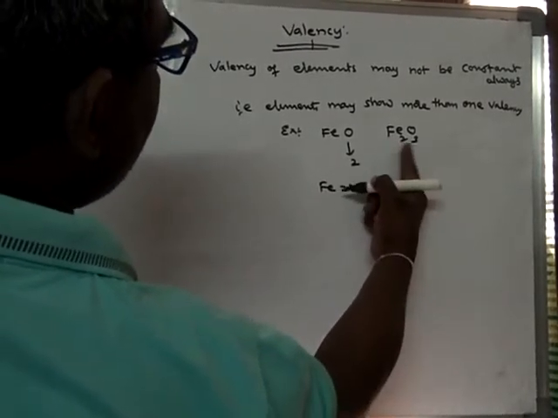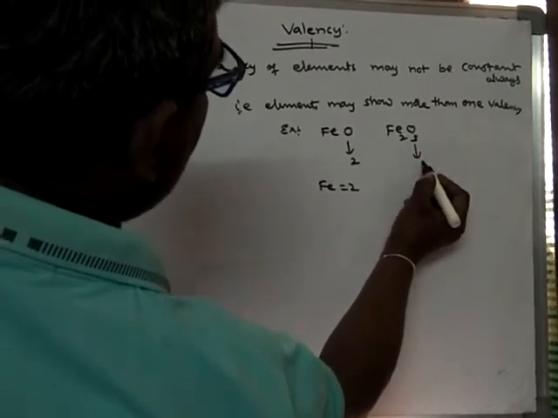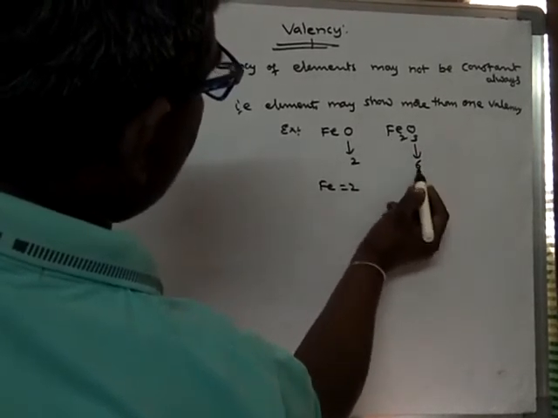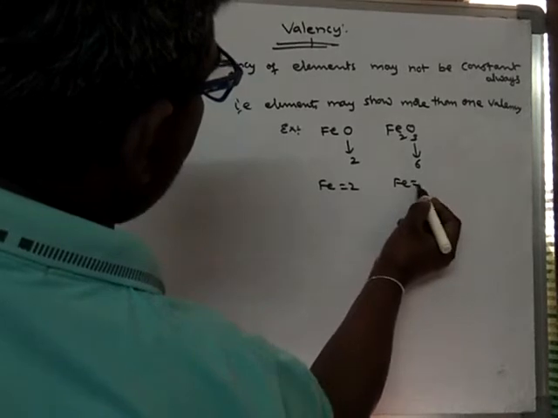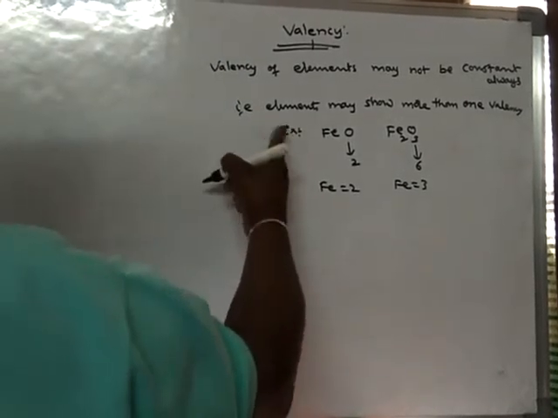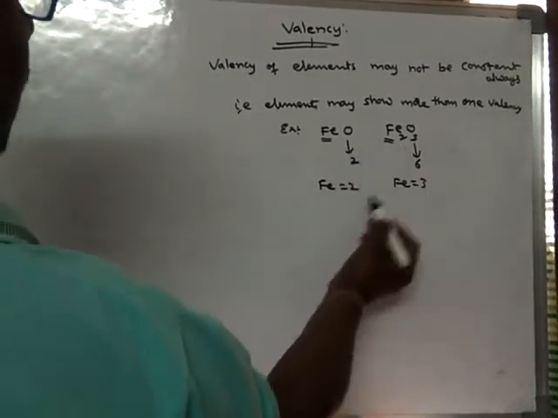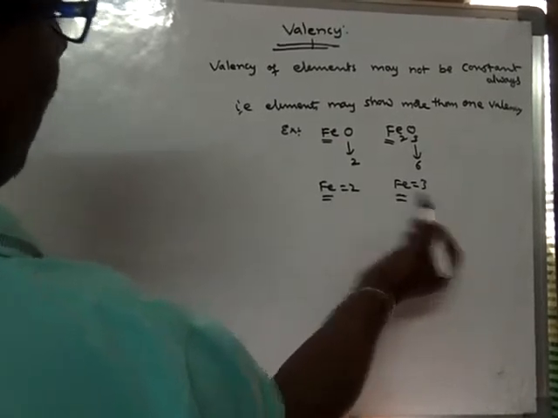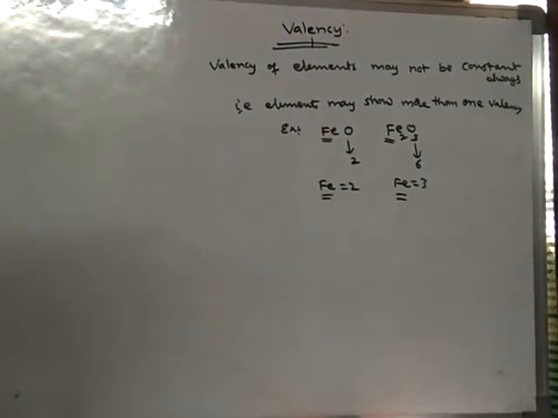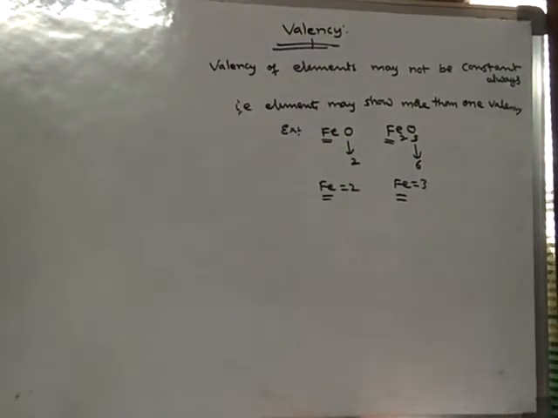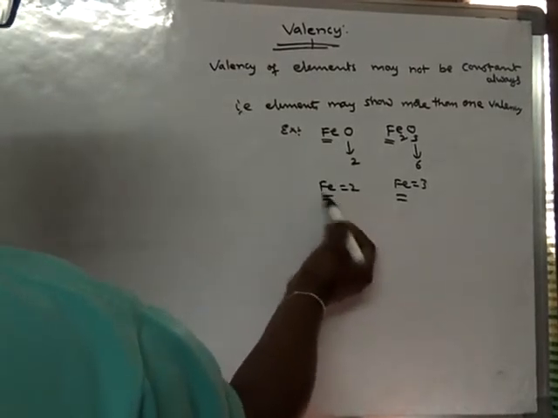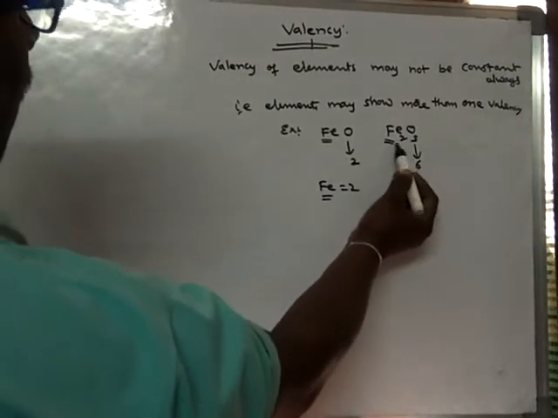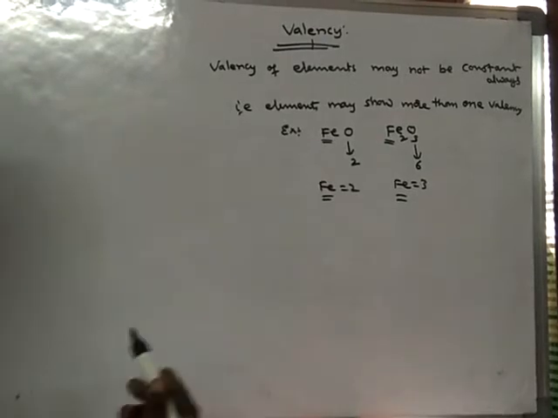The same iron, see here, double it. So for 2 iron atoms it is 6, so for a single iron atom it is 3. So in this case, iron has valency 2 sometimes and valency 3 sometimes, depending upon the compounds. If it is a ferrous compound, iron is having valency 2. If it is a ferric compound, the valency of iron will be 3.